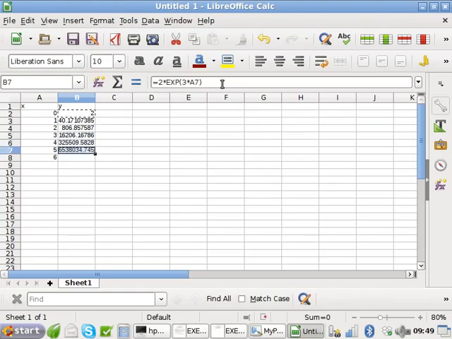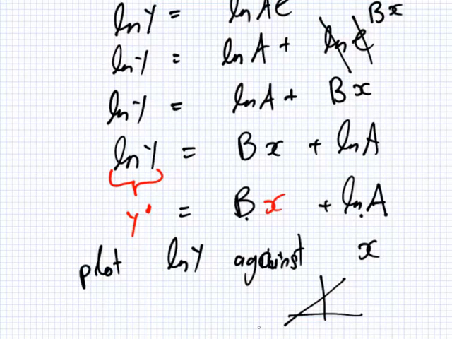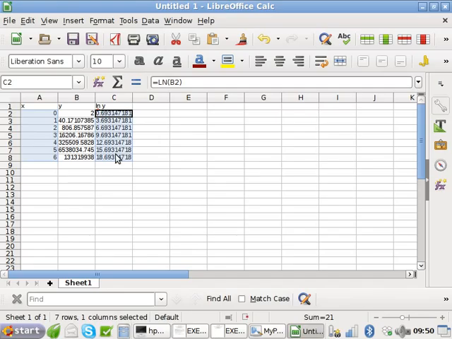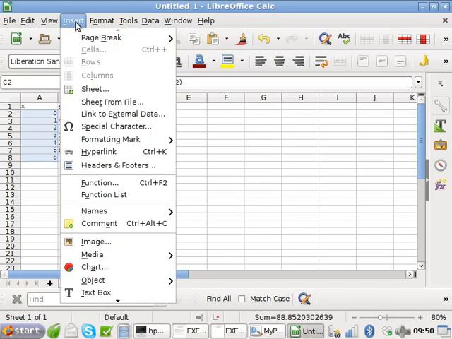So here are my y's. Now you know what this graph will look like. What will it look like? It'll be an increasing graph, won't it? Yeah. So what my short little proof shows, is that if instead of plotting x and y, I plot x and log y, I should get a nice straight line now.